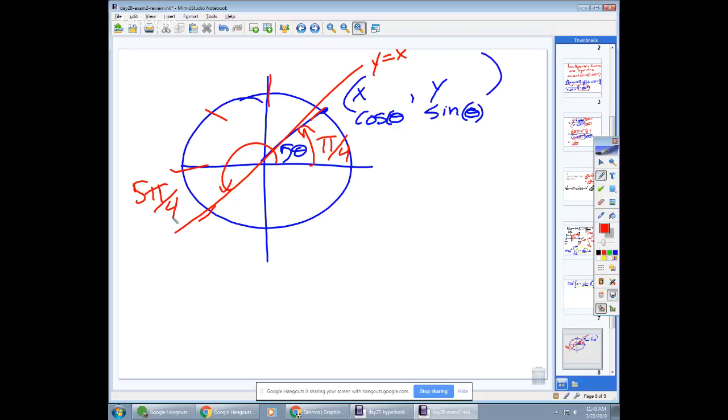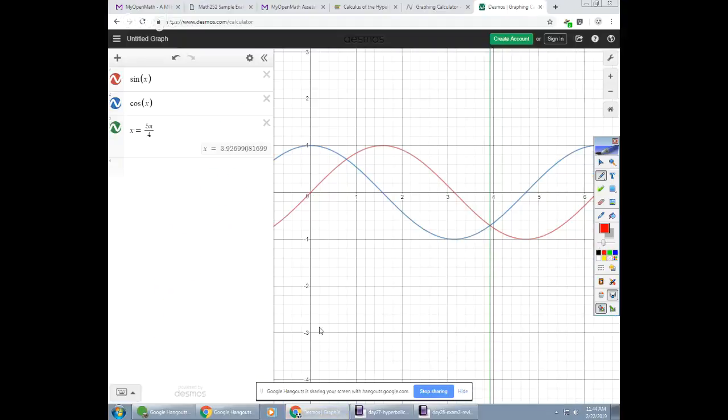All right. So because of the intersection at that angle and at this angle, we need to break it up. So we're going to have one integral from 0 to pi over 4. And then we're going to add on to that another integral from pi over 4 to 5 pi over 4. And in the first interval, if we look at the graph, the cosine is on top, right?